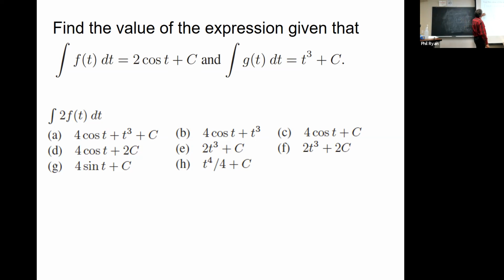So what's the difference between these two things? We're just multiplying by 2. So we're taking the antiderivative of 2 times something, but that's just the same thing as 2 times the antiderivative.